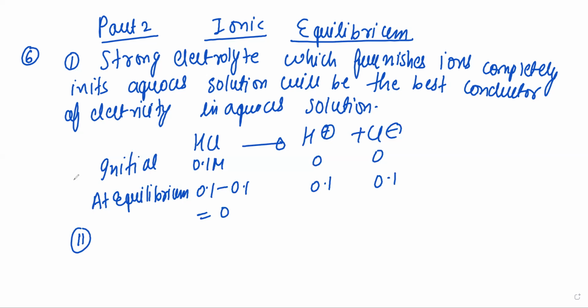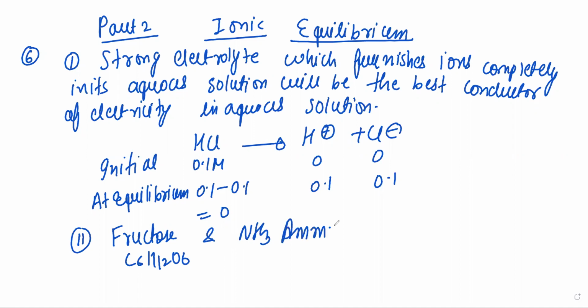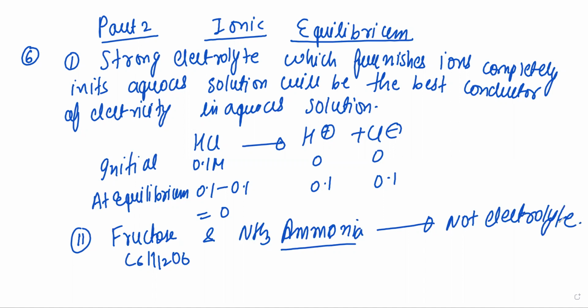Right, now see for the next point, second point. Fructose and ammonia are not electrolytes, while the acetic acid is a weak electrolyte. So fructose's general formula is C6H12O6, and ammonia is NH3. These are not electrolytes.